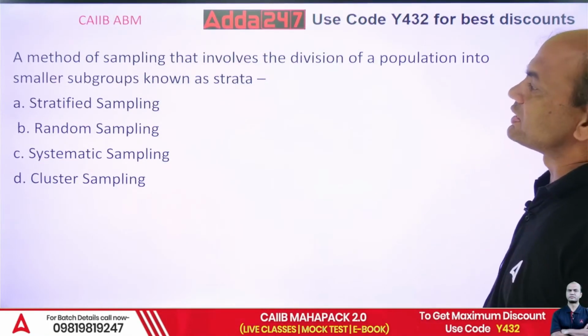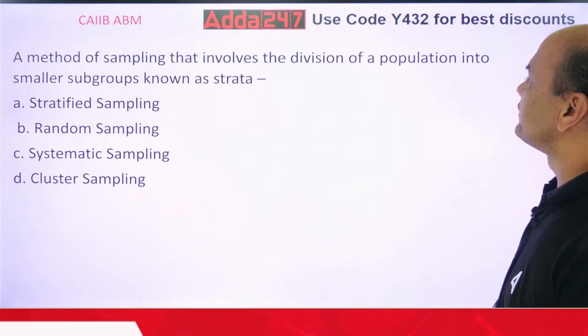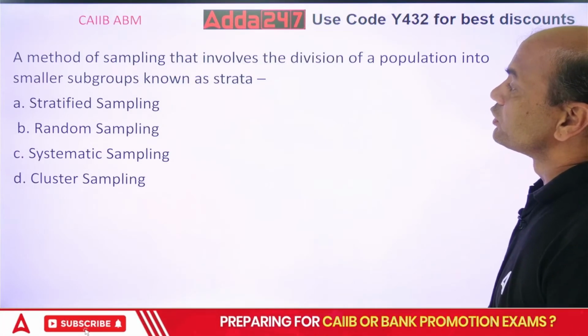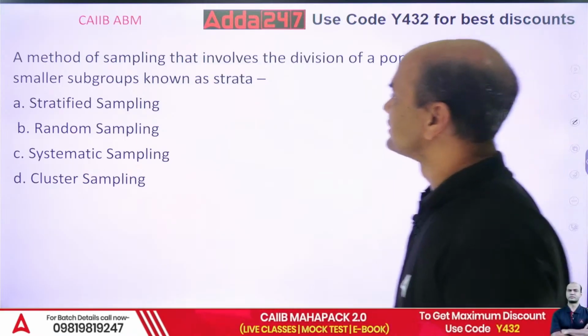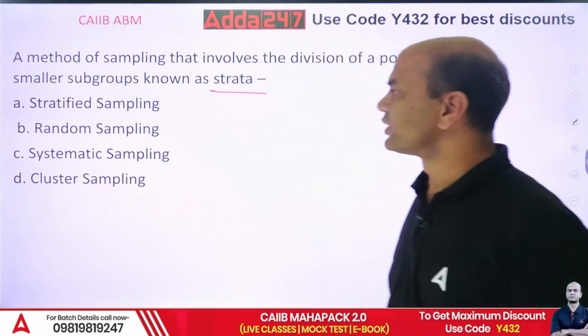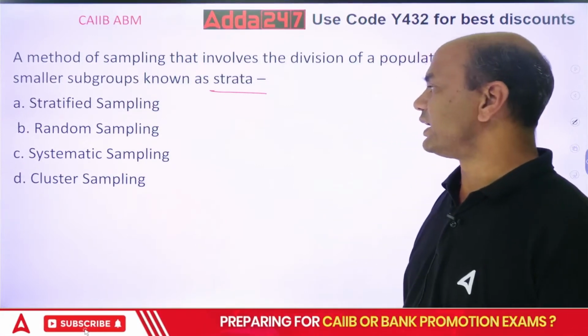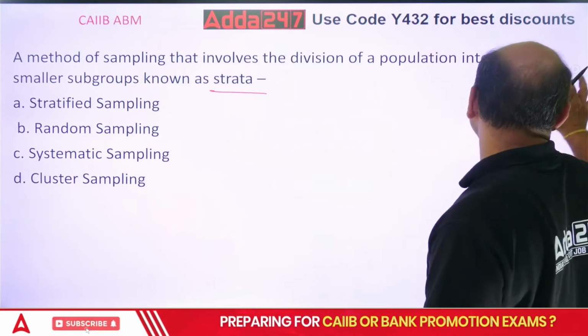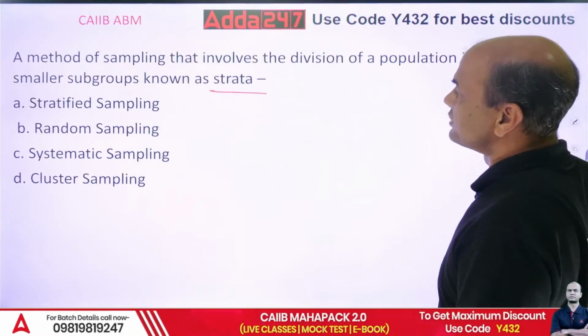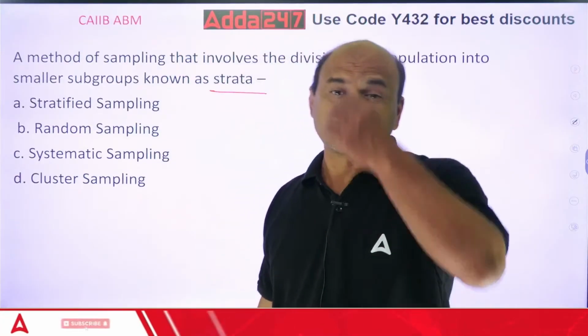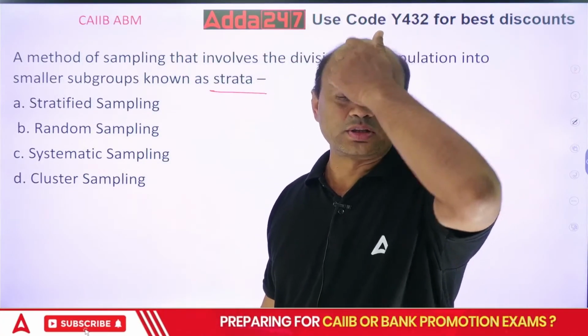The method of sampling that involves the division of population into smaller subgroups is known as strata. So this is known as what? Stratified, random, systematic, cluster. Kindly note, this is known as probability sampling.